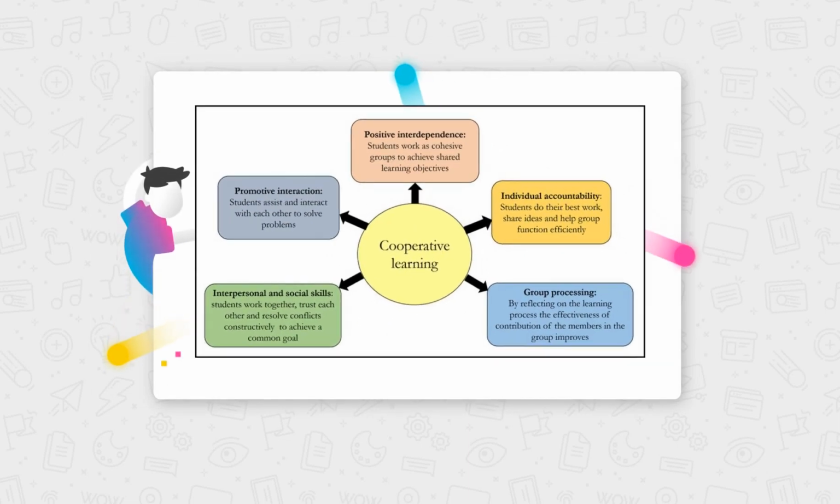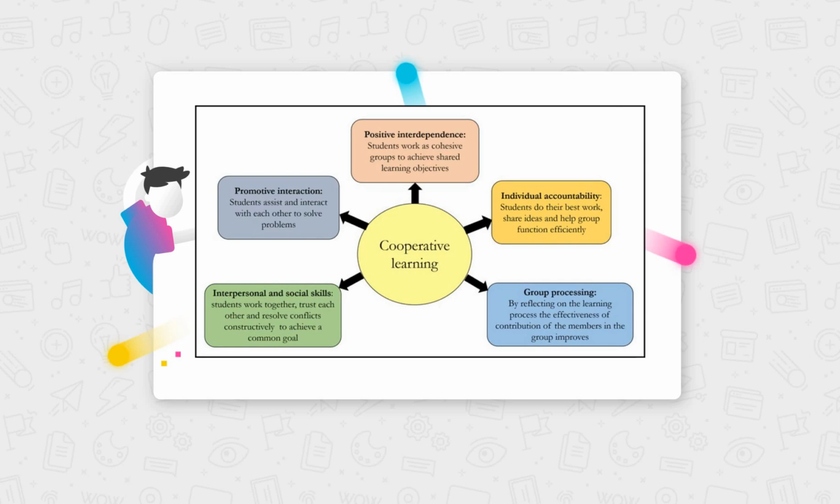Now, this is a picture that summarizes almost what I just said. There is the cooperative learning, there is the strategy in yellow here. This is the cooperative learning strategy. Then you have many benefits here. There are 5 benefits, among many others.